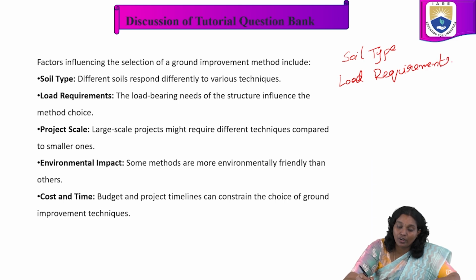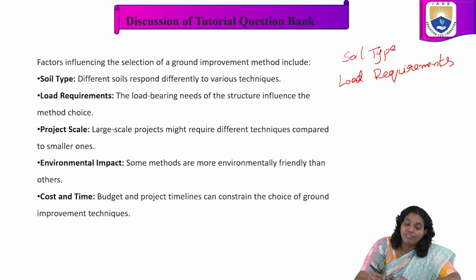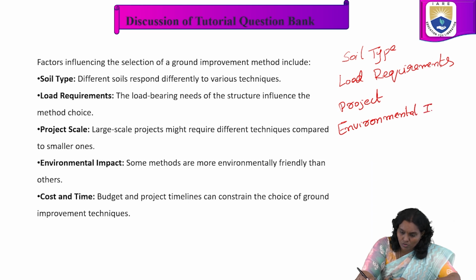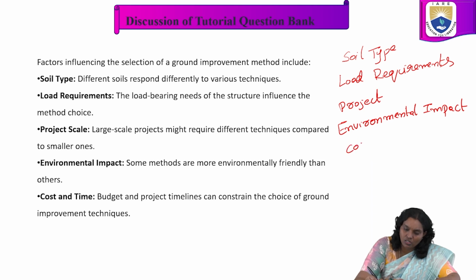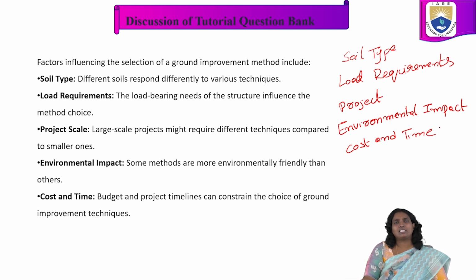According to this, we are going to understand the project scale, whether it is large scale or small scale, which is also important for choosing the technique. Environmental impact, or environmental concerns, are also very important. According to the regulations and environmental acts, we are going to understand, and also the cost effectiveness and how much time that particular technique is going to take to get the desired property.